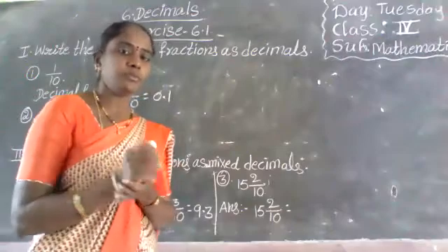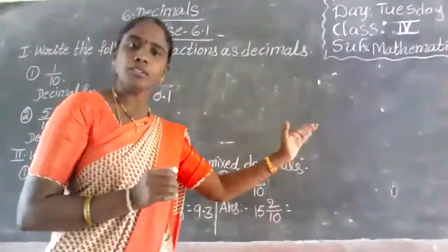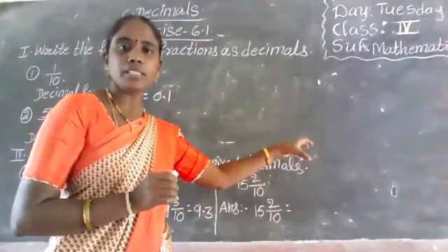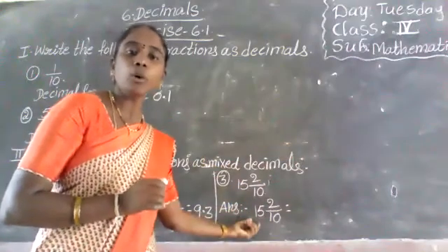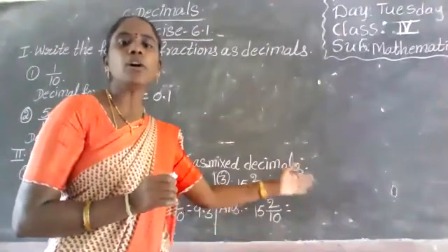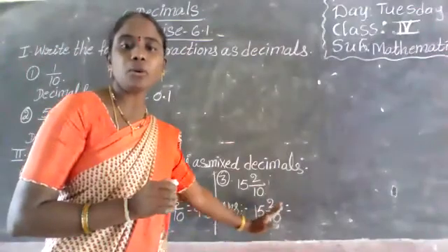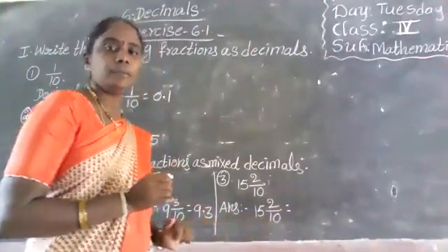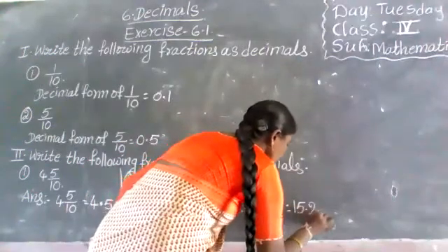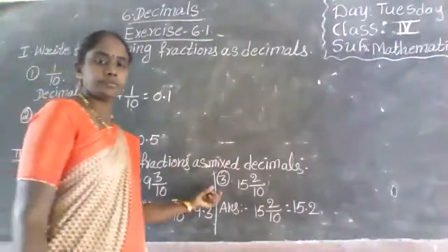So here 2 by 10 is 0.2. That is the decimal form. But in the whole number place, here 15 is there. So 15.2 is the mixed decimal of 15 whole 2 by 10. Okay. 15.2. Good.